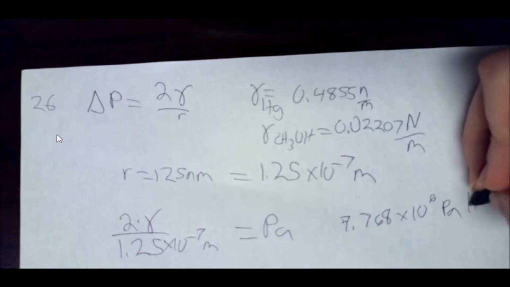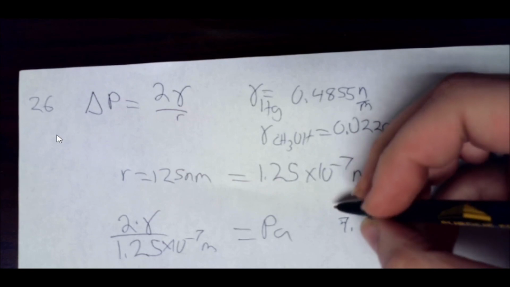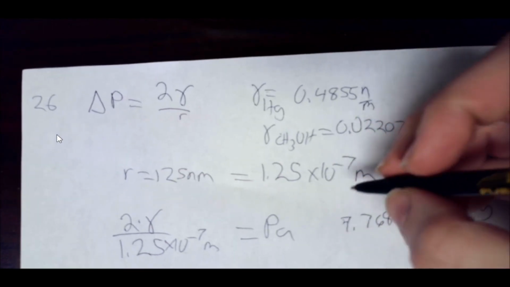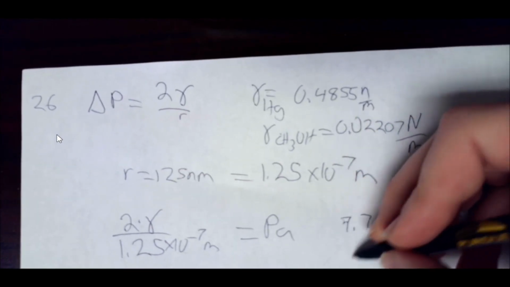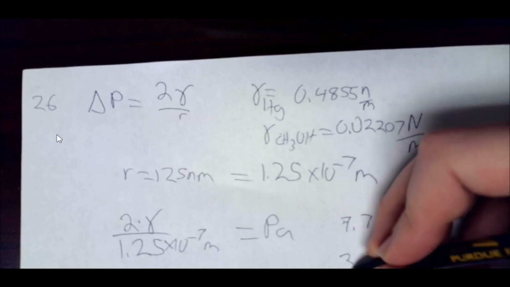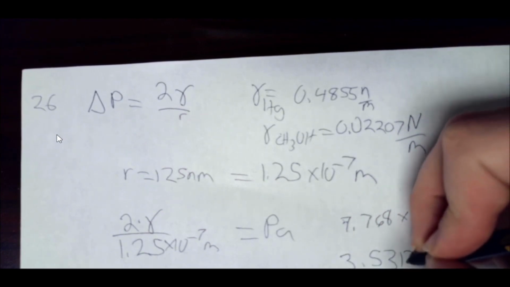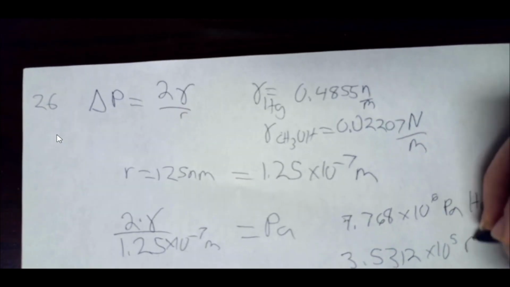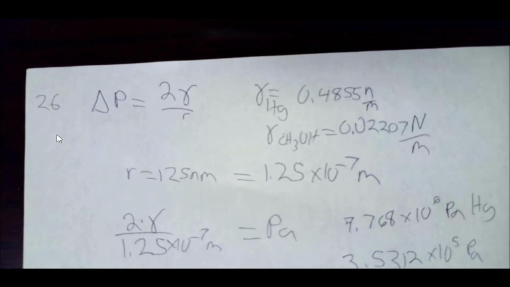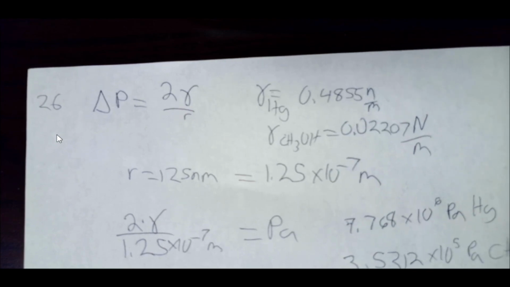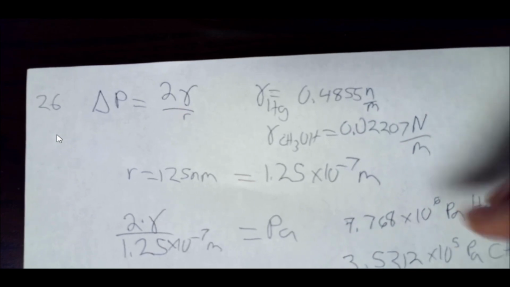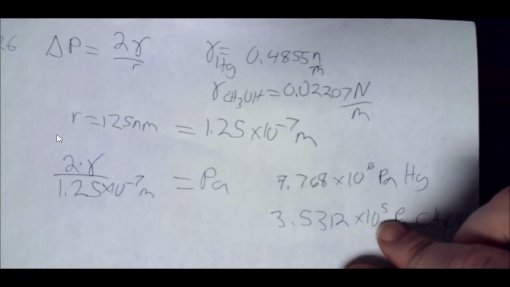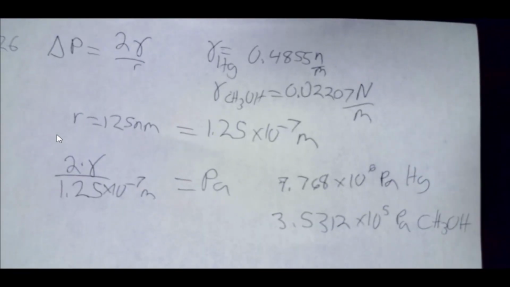And if you do the same thing again with methanol, it's just going to be instead 3.5312 times 10 to the 5th pascals. So a lot less surface tension on methanol. I'm not going to write that out completely.